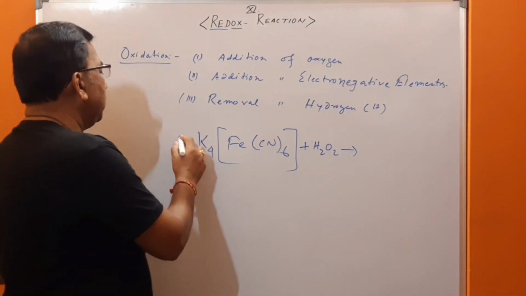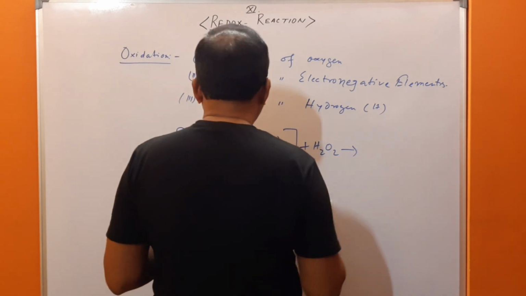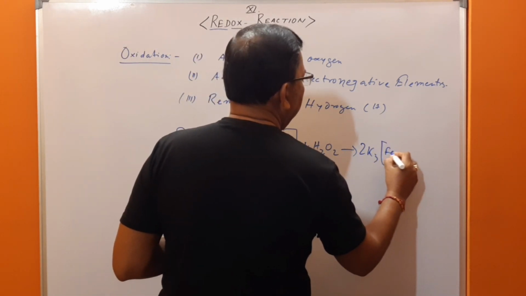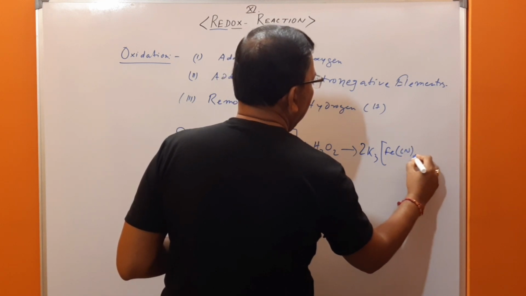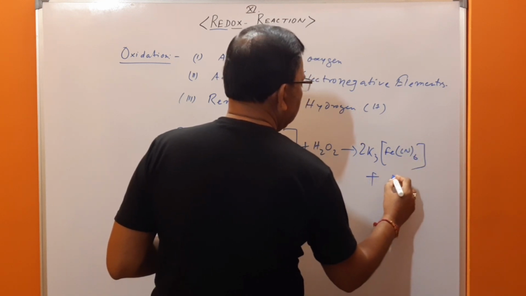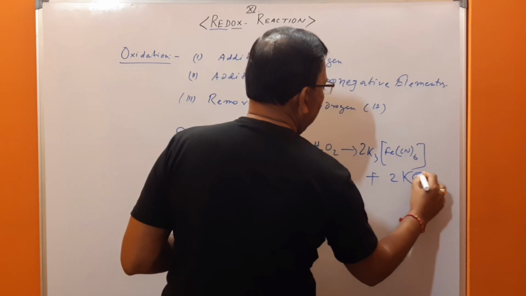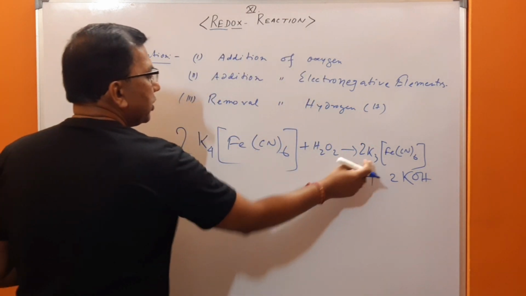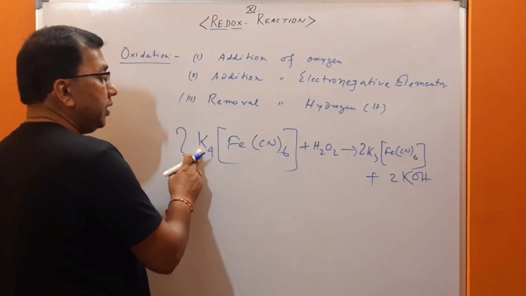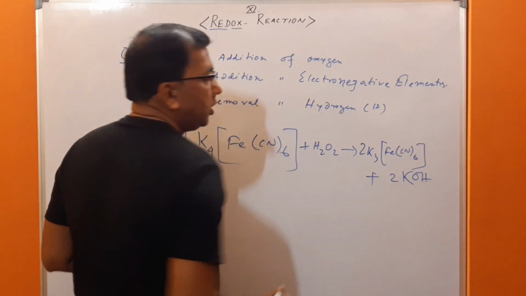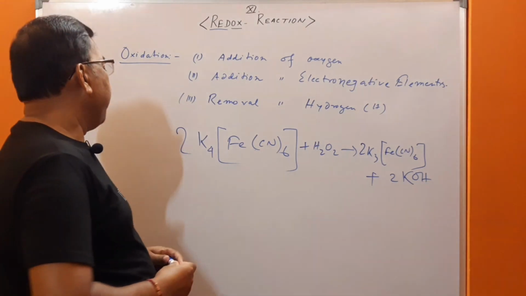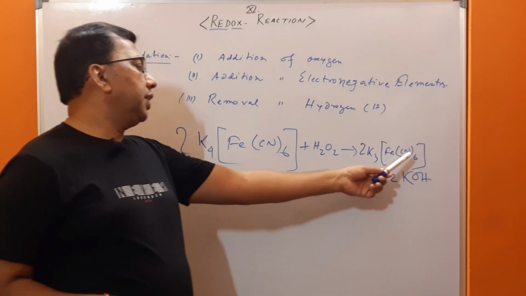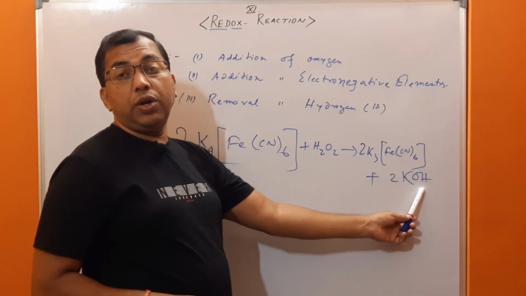Suppose it is 2K. Then the product is K3Fe(CN)6 plus 2KOH. That means 2K is eliminated as 2KOH. So K4Fe(CN)6 plus H2O2 gives K3Fe(CN)6 plus 2KOH.